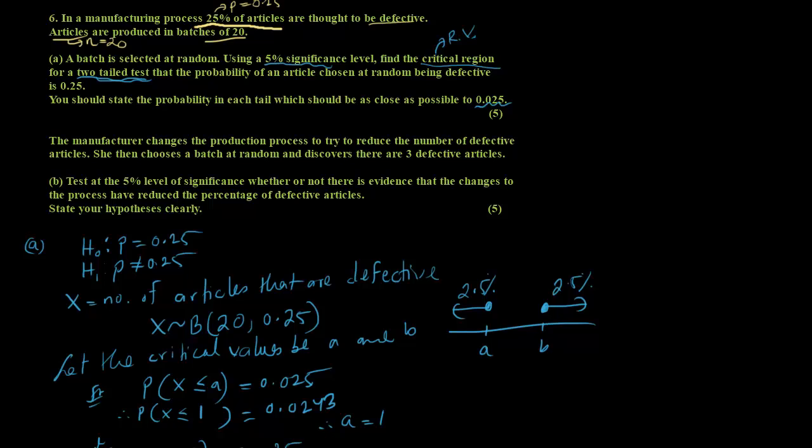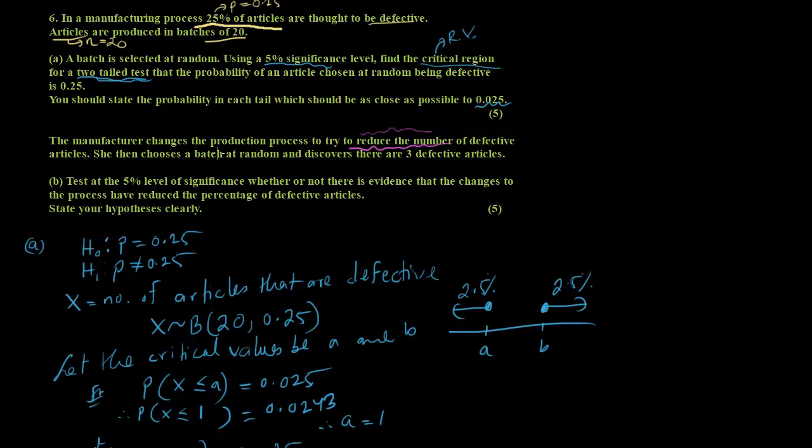Question number B is going to be another hypothesis test question. The previous one was critical region. So what we have over here is the manufacturer changes the production process to try to reduce, that means it is going to be less than, the number of defective articles.